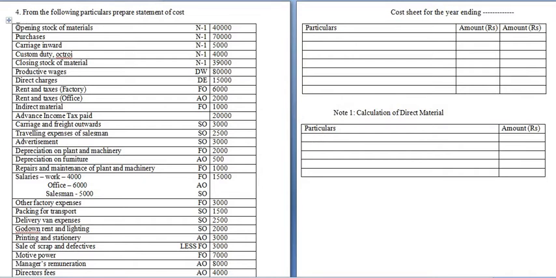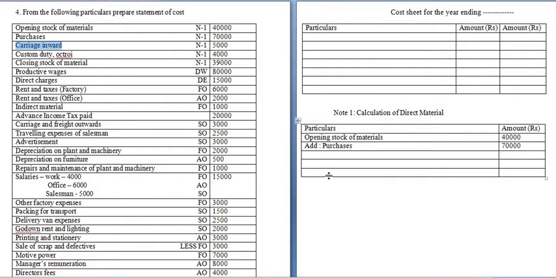Now first point is opening stock of materials, right? So we will have to take this. Write down opening stock of materials, amount is 40,000. Okay, now to this we will have to add purchases, next point, purchases. Outer column 70,000. Next, carriage inward, again that has to be added.